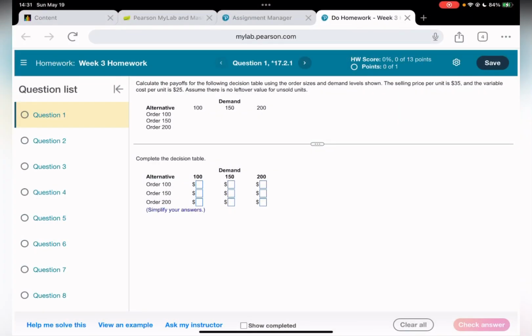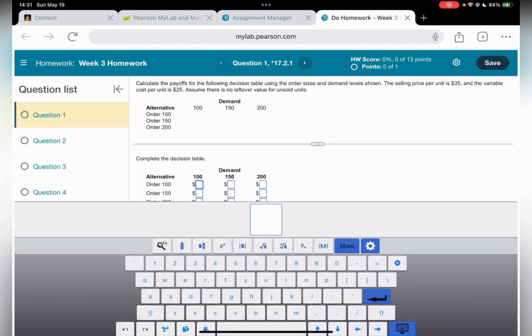So what do I have here? 400, I have profit 1000. 450, profit again 1000. For 200, profit 1000.